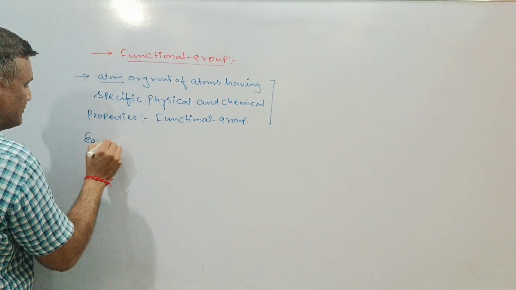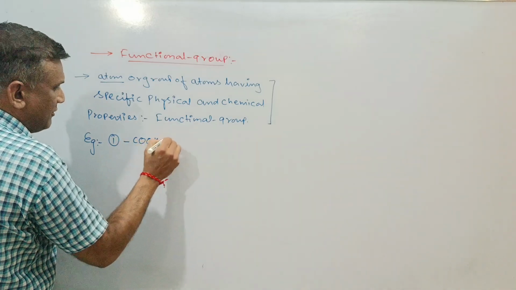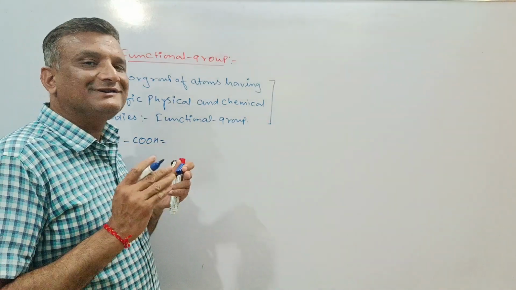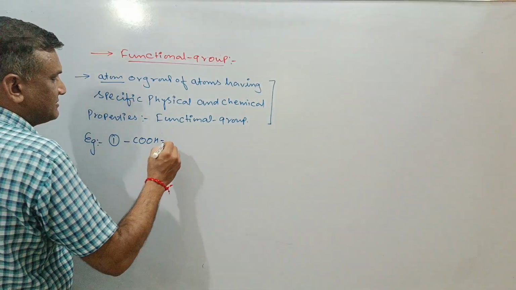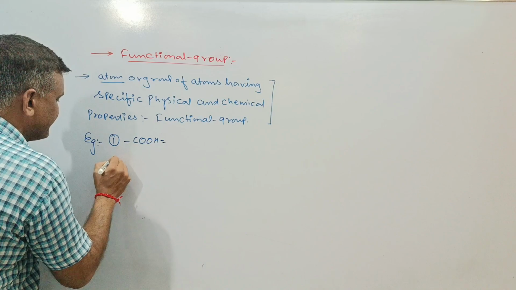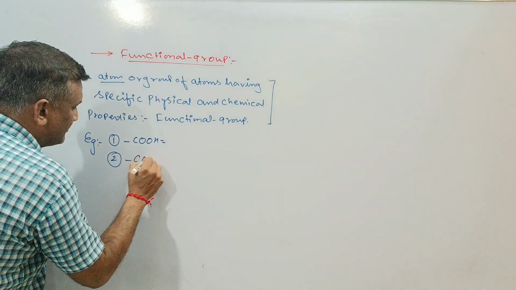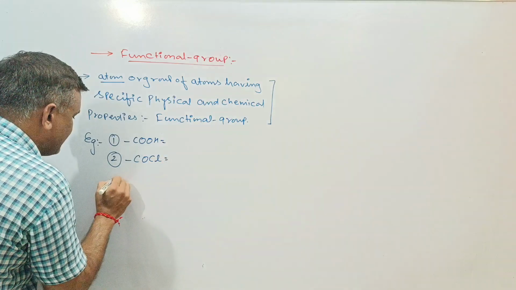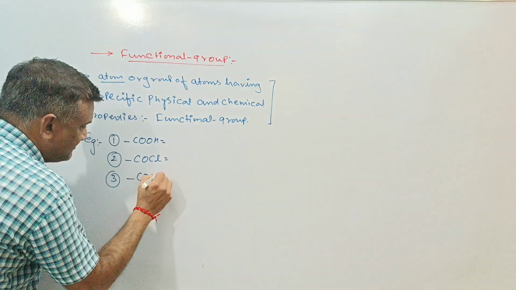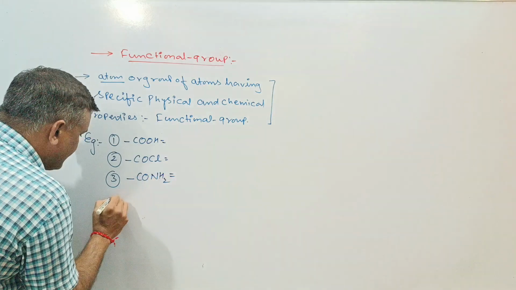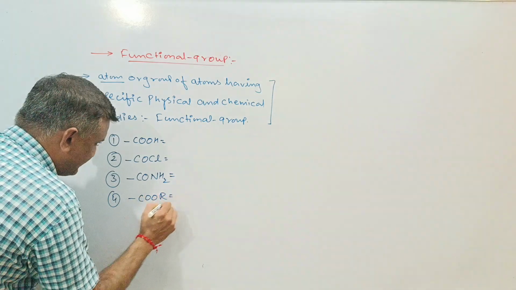The first important functional group is COOH. You all know it was shared in the syllabus in class 10th also. This is called carboxylic acid. Number 2 is COCl, this is acid chloride. Number 3 is CONH2 as an amide. Fourth is COOR, ester.